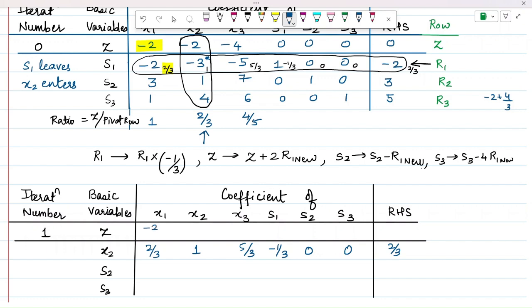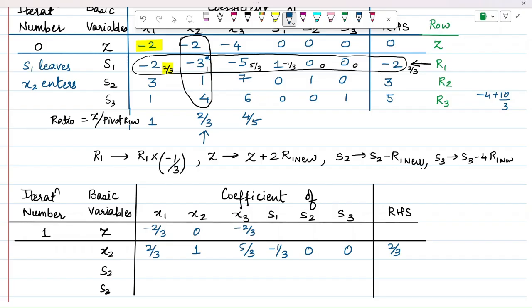Correct? Then for x2, it's going to be negative 2 plus 2, which is going to make it 0. That's what we wanted here. For x3, it's going to be negative 4 plus 10 by 3, because 2 times 5 by 3. So that's going to be negative 2 by 3 again.